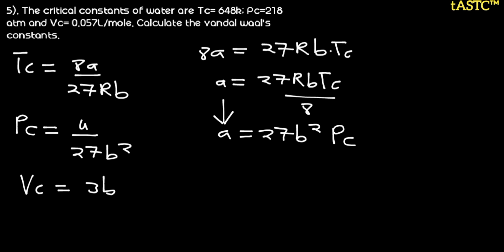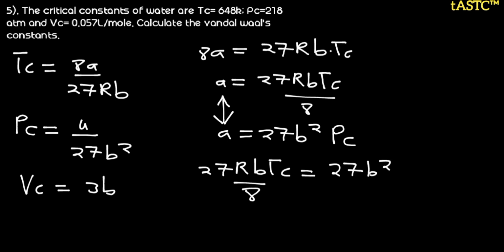Now we know that a is typically a, so that is going to make these sides equal to each other. So that is 27RbTc divided by 8 equals 27b squared Pc. Now here we know that 27 can cancel out, and b can cancel one of it away.